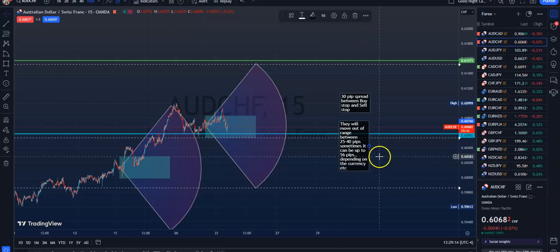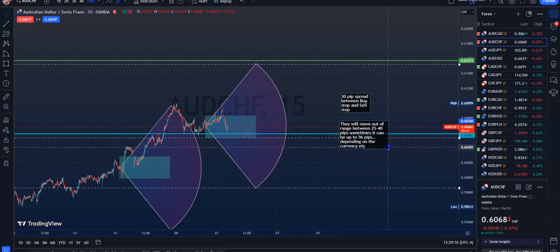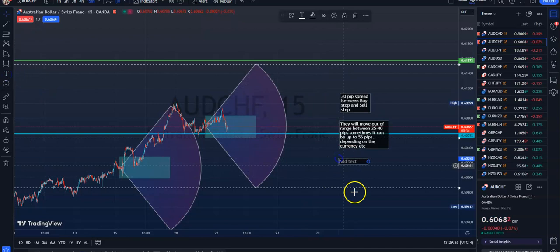Okay, right? But its average is like 40 pips. So what I look for is a 40 pip move outside of the range. Outside of the range, right?